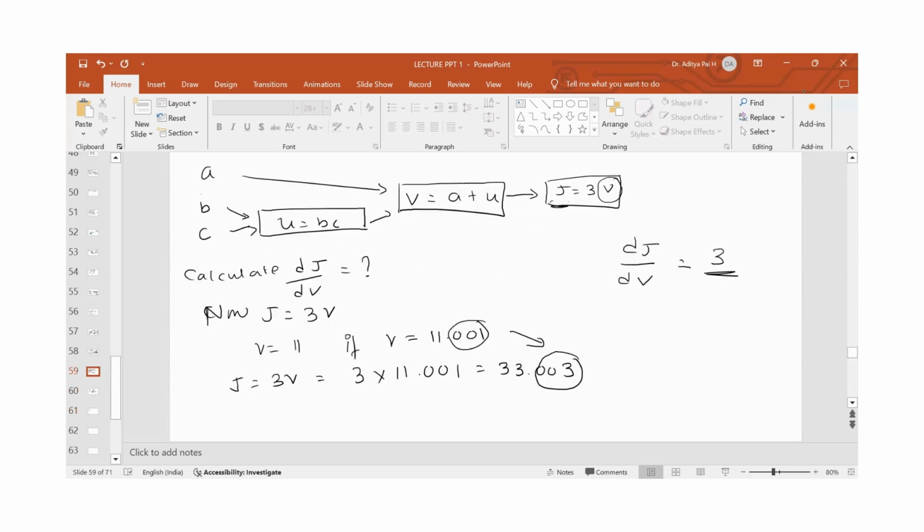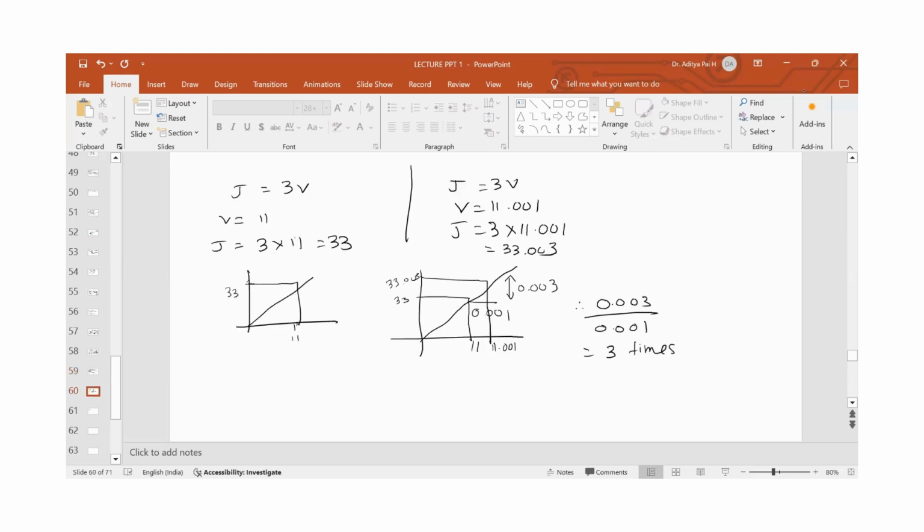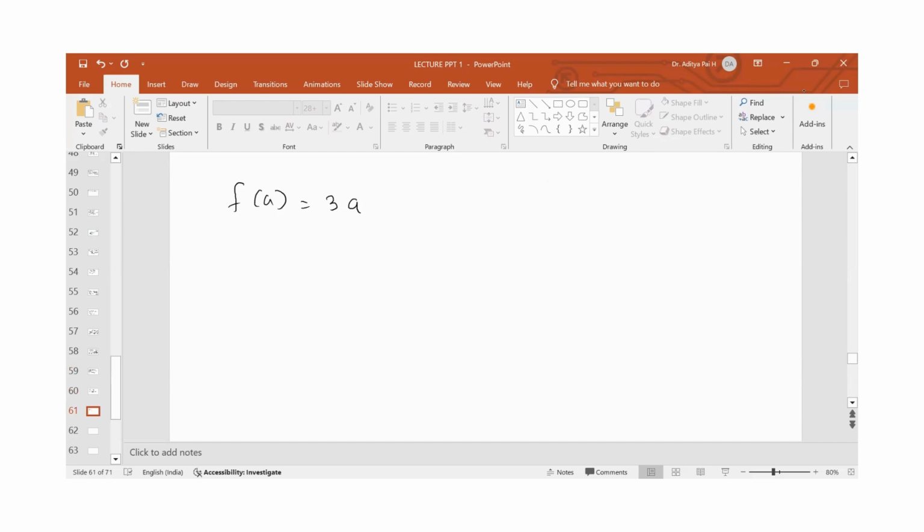Okay, so d by dA of f of a, df by dA, is equal to 3. So for J is equal to 3V, dJ by dV, that is d by dV of J, is nothing but equal to 3.